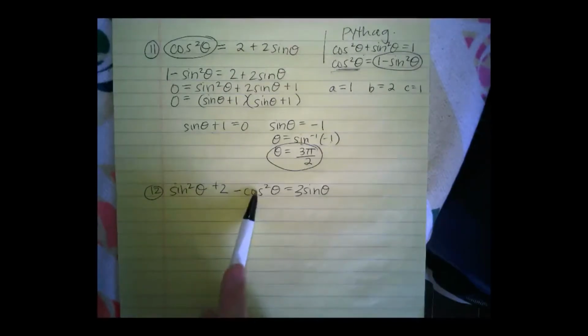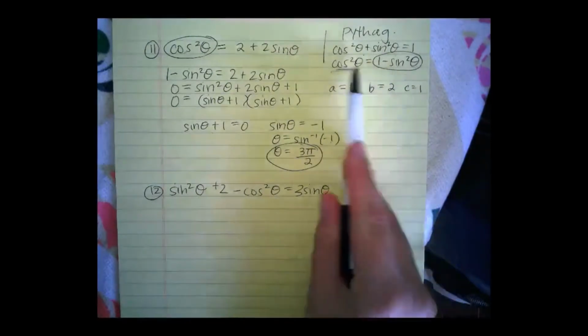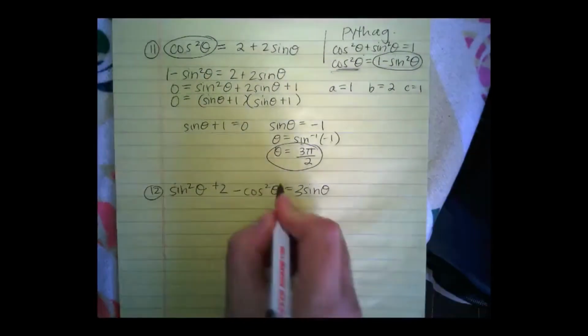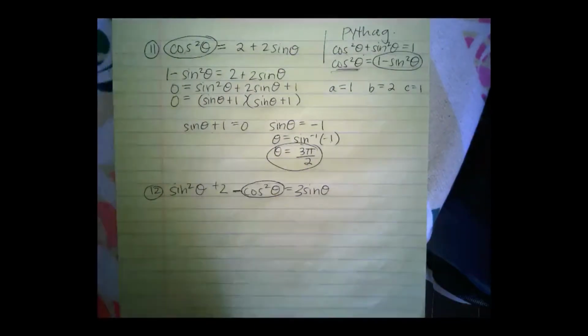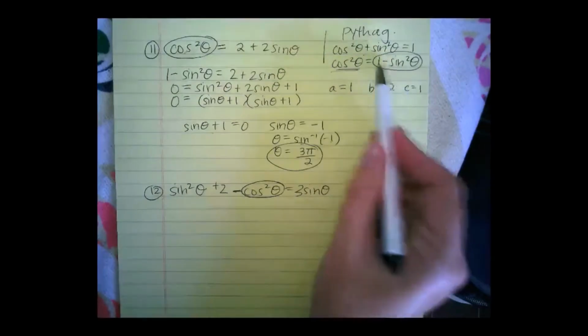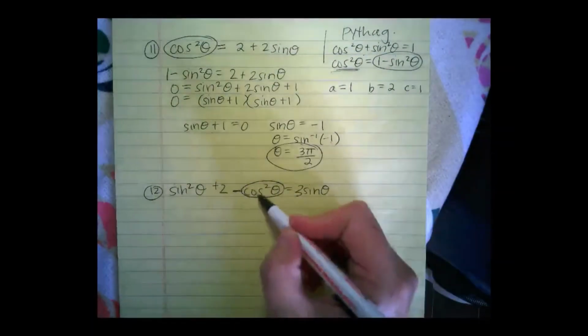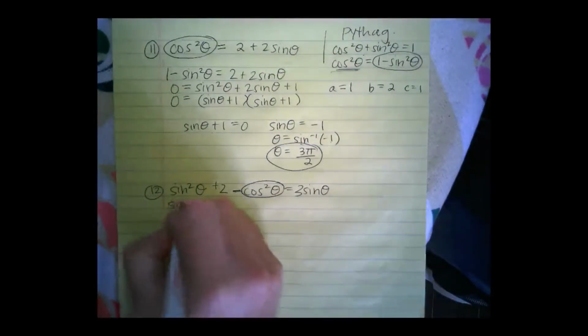So just like in number 1, where we substituted in 1 minus sine squared for cosine squared, we're going to do that right here. This one's a little tricky though because there's a subtraction sign in front of it. So because I'm subtracting two terms now instead of one term, I have to make sure to distribute that subtraction sign. So let me show you.